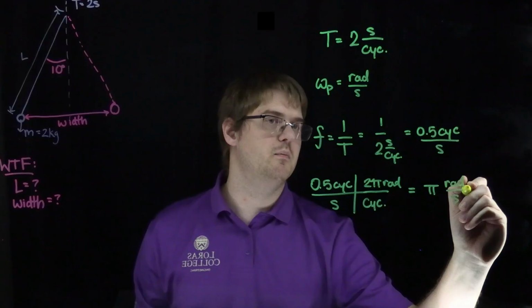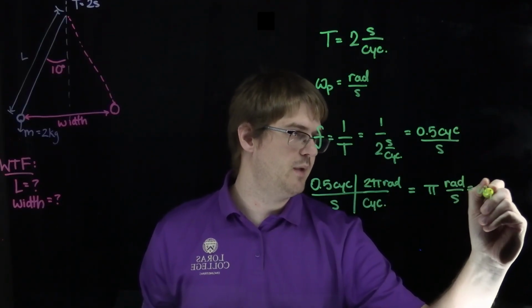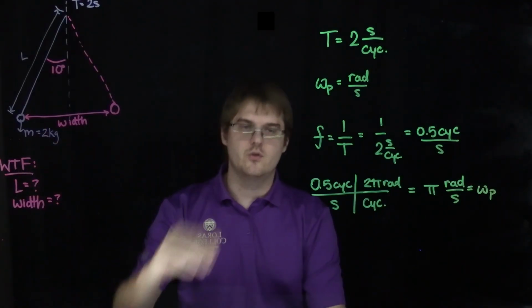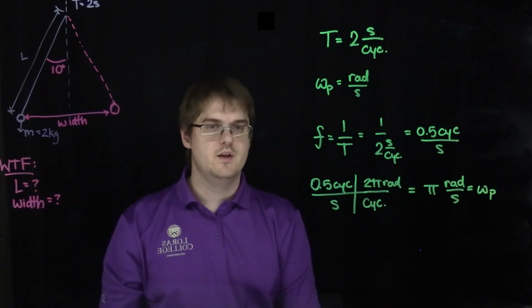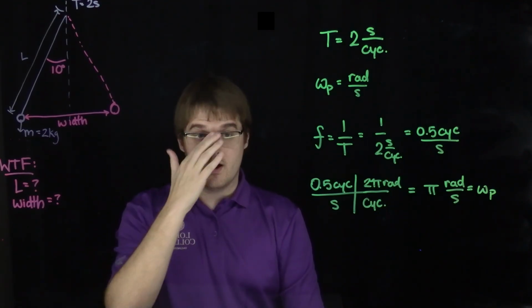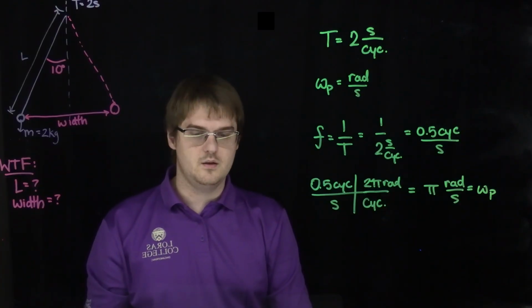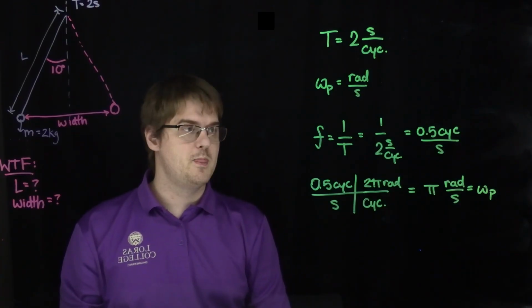Although this is my omega of the pendulum. This is not a constant rate that I'm rotating at. So be careful, we've got 2 omegas going on in these equations. That can easily be screwed up.